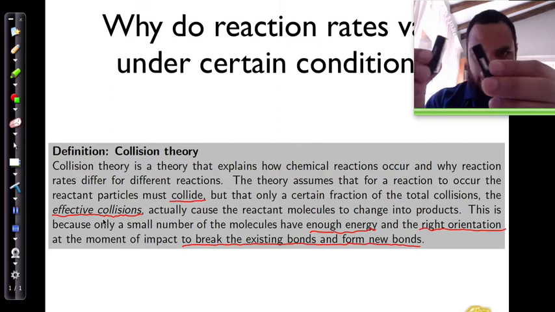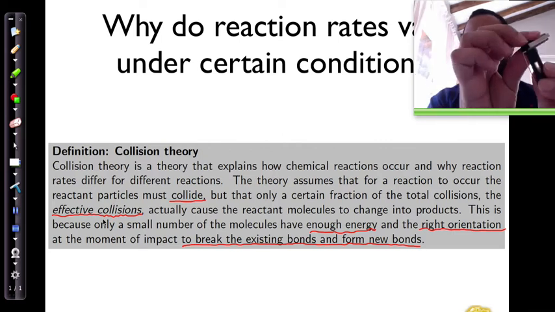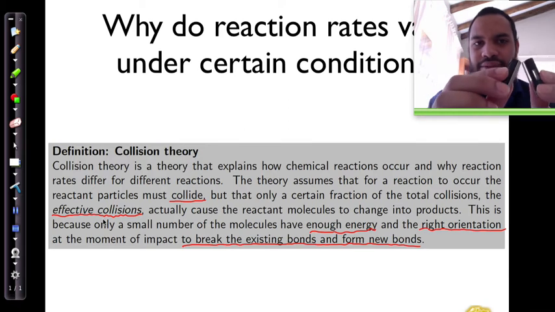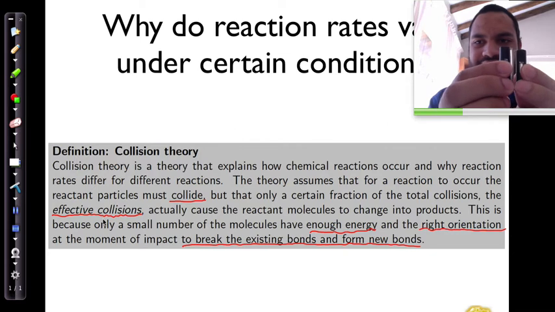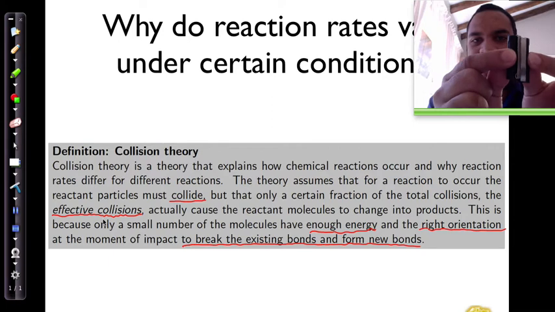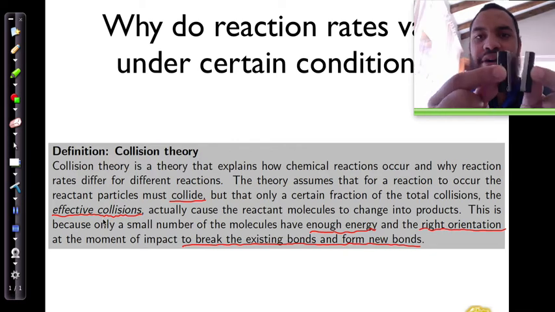So when these two particles collide, we don't want a collision that just touches and you float off, because this doesn't allow for the correct orientation, right? What we really want is a collision that knocks each other, with the correct orientation, like this. And that's a collision in which we can say, okay, there's the correct orientation. These two particles are now ready to break existing bonds and form new bonds.